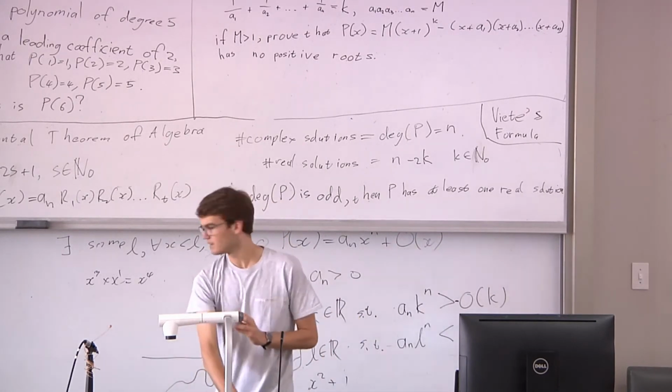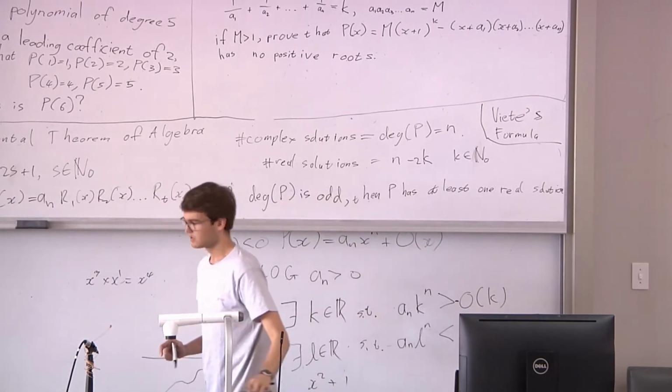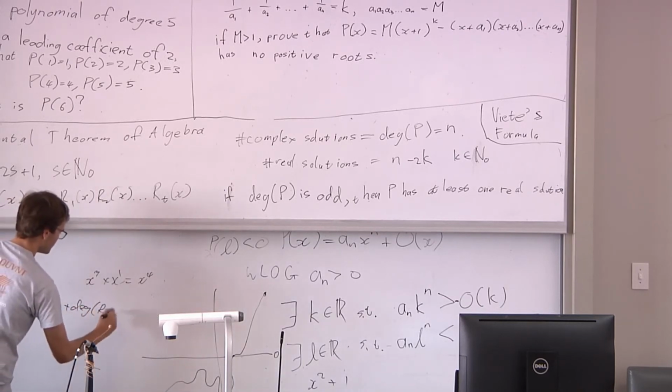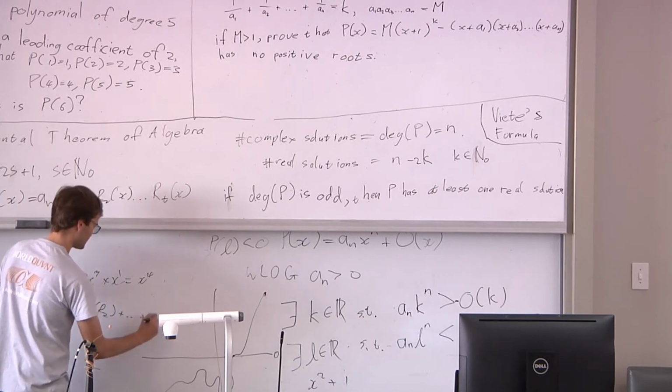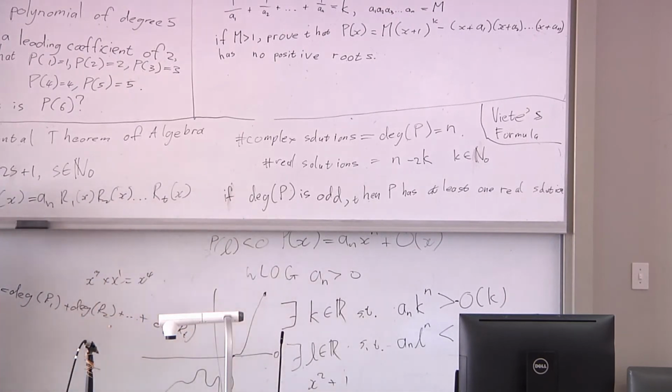So you can say that n is equal to the degree of r1 plus the degree of r2 plus so on plus the degree of rt. And by the fundamental theorem of algebra, all of these terms are less than or equal to 2. So n is 2s plus 1, and that's equal to some sum of things over there.